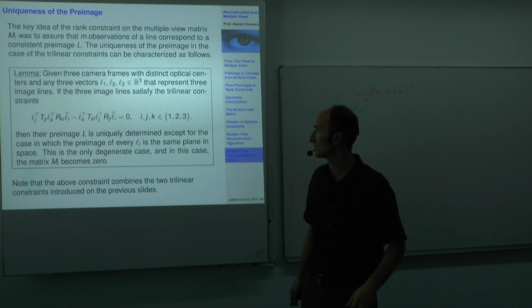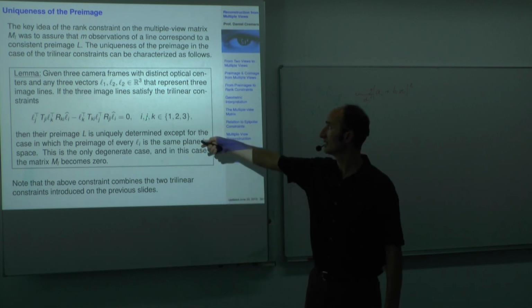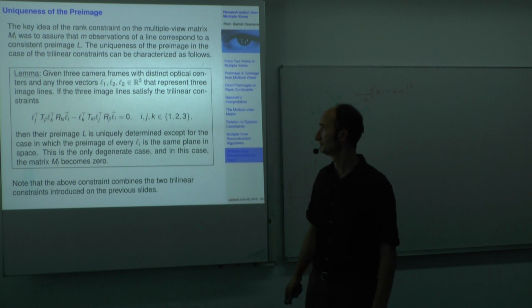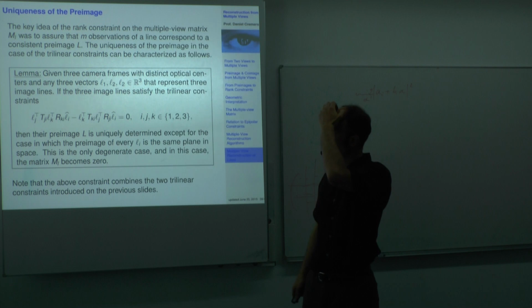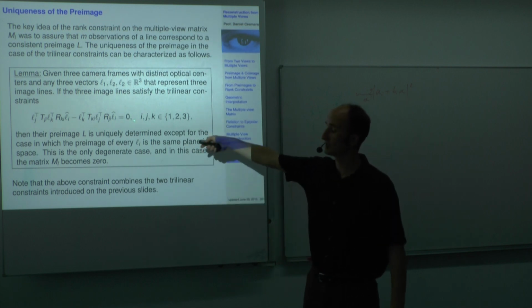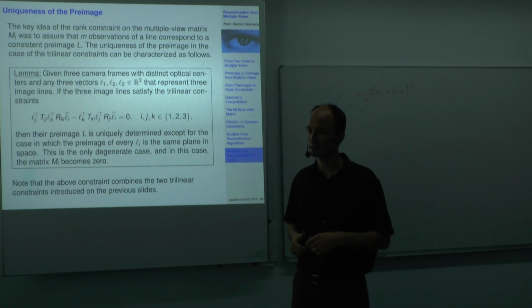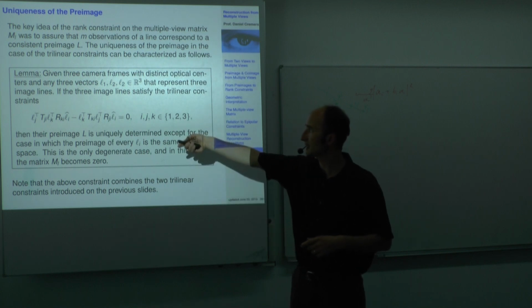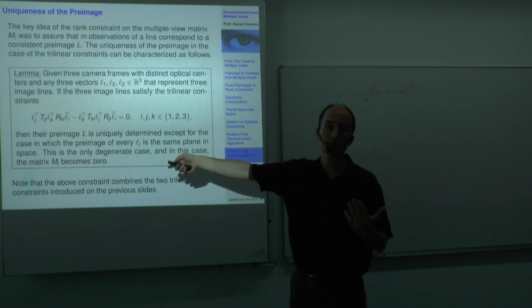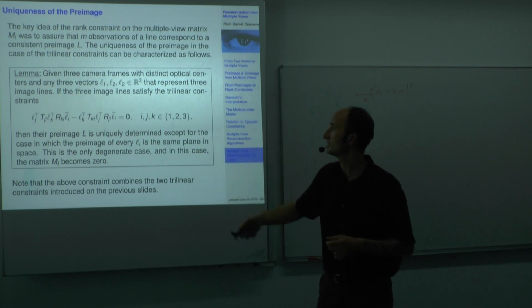And as I said, it's always constraints involving 3 images, I, J, K, and so for the 3 camera setting, these are the trilinear constraints. And so in the case that you observe a line in 3D in three cameras, these are the constraints.